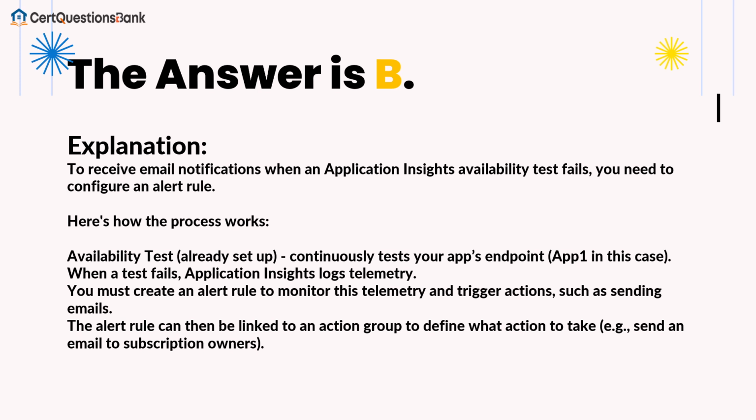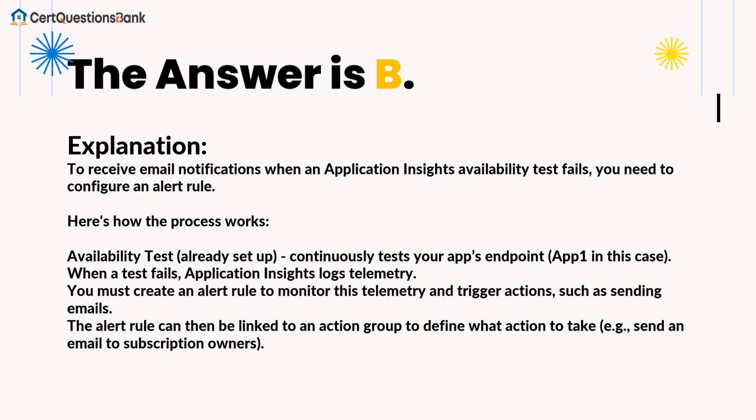When a test fails, Application Insights logs telemetry. You must create an alert rule to monitor this telemetry and trigger actions, such as sending emails. The alert rule can then be linked to an action group to define what action to take, e.g., send an email to subscription owners.